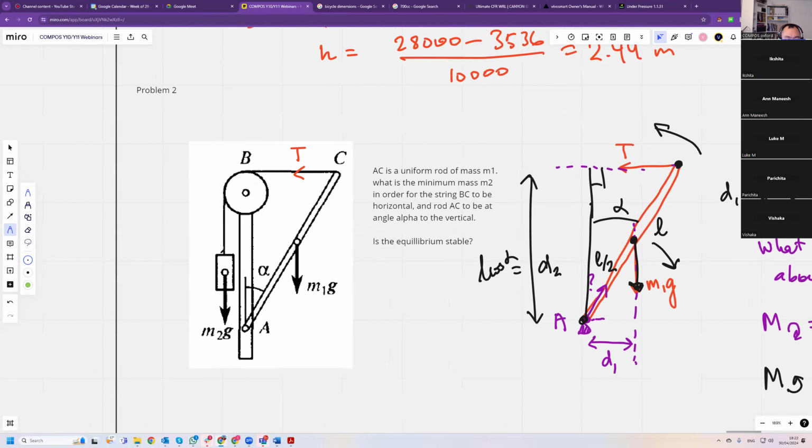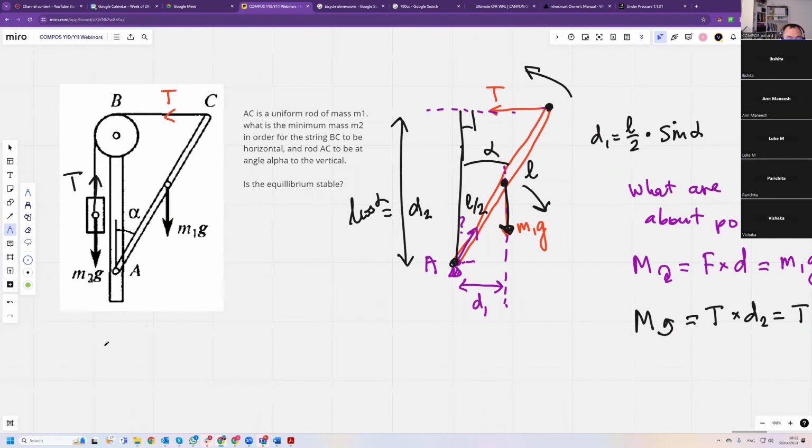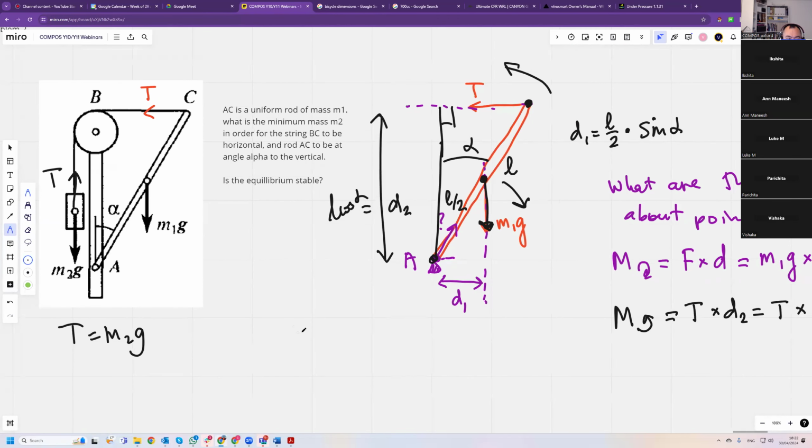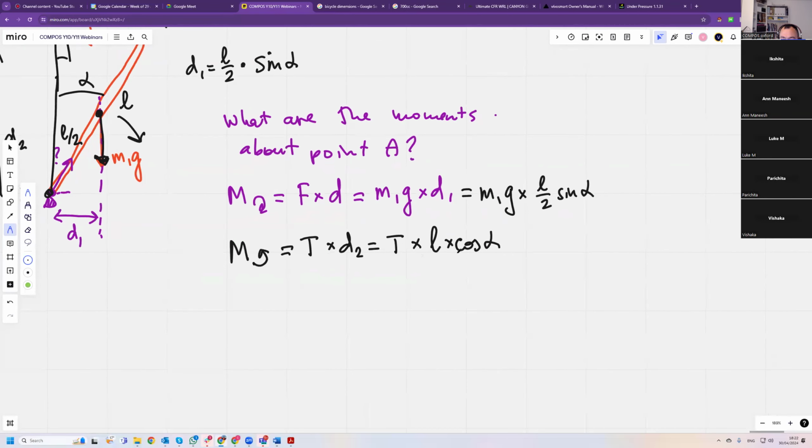Now, interestingly, if you look at this mass, the tension has to be the same as M2G. Tension is M2G because that's the only force producing the tension. And that means that this is equal to M2G L cos alpha.